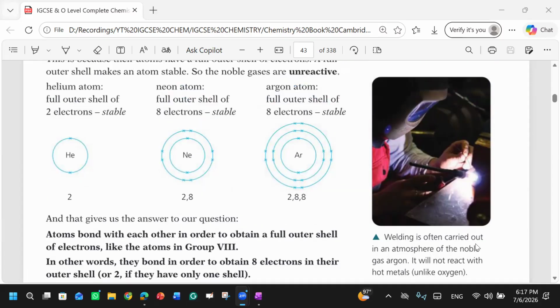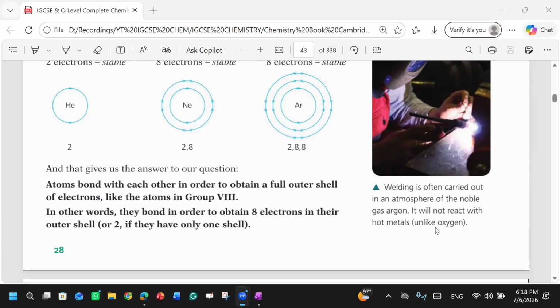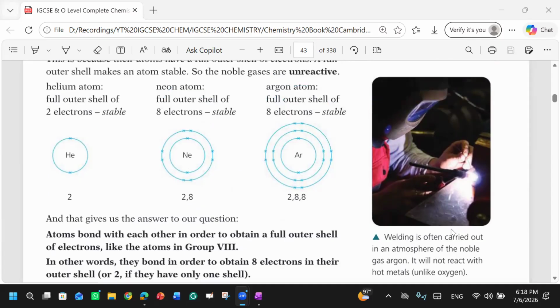Okay, they have mentioned that welding is often carried out in an atmosphere of the noble gas argon. It will not react with hot metal, unlike oxygen. What do you understand from this? Why have they mentioned the application of argon? Why are they using argon? What is the advantage of argon?